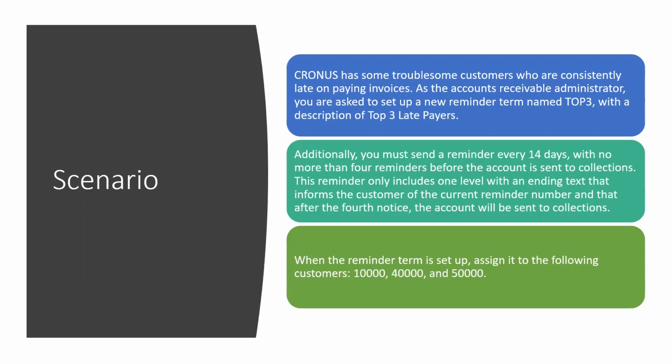And this informs the customer of the current reminder number and that after the final notice, the account will be sent to collections. So when the reminder term is set up, assign it to the actual customers. And this is just a random example that I'm doing with random customers, but these at least are the worst customers that you review with your aging report, with either a large number of transactions that are overdue or the larger amount, okay?